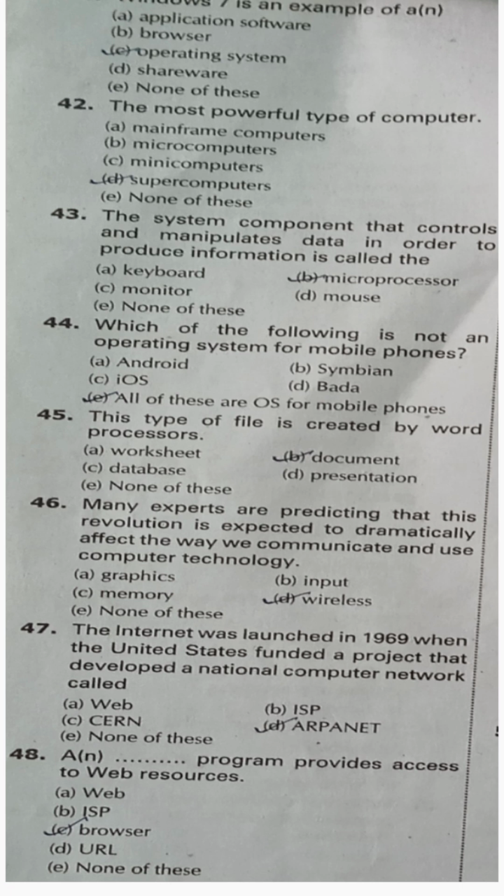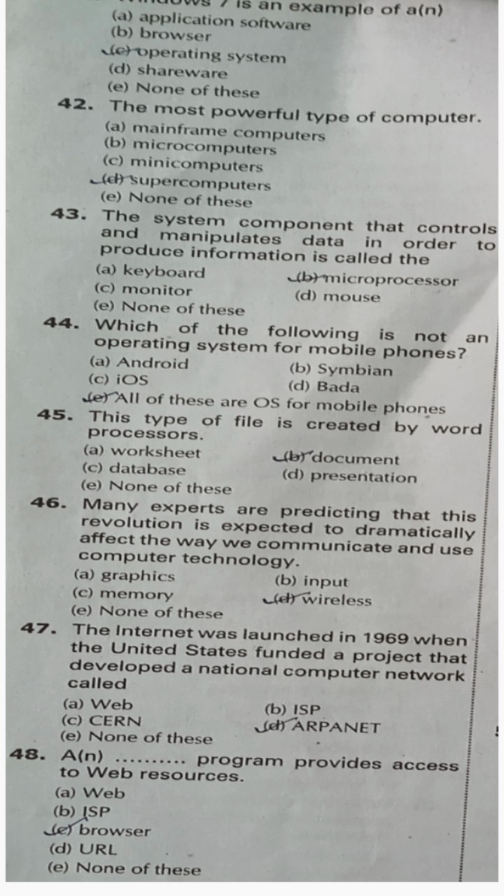All of these are OS for mobile phones. 45. This type of file is created by word processors. B. Document. 46. Many experts are predicting that this revolution is expected to dramatically affect the way we communicate and use computer technology. D. Wireless.